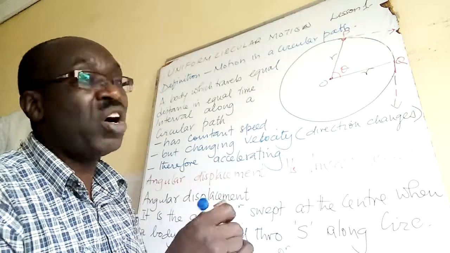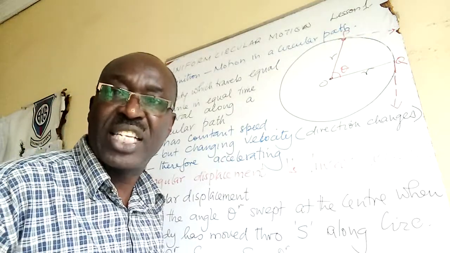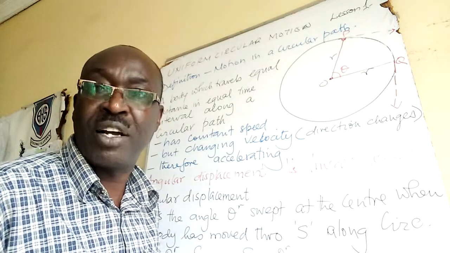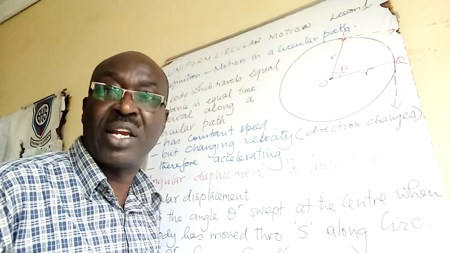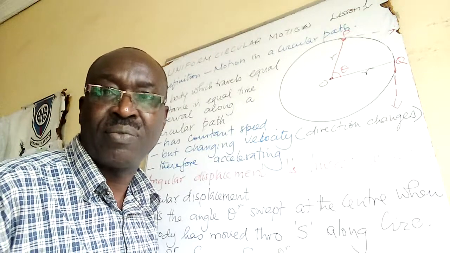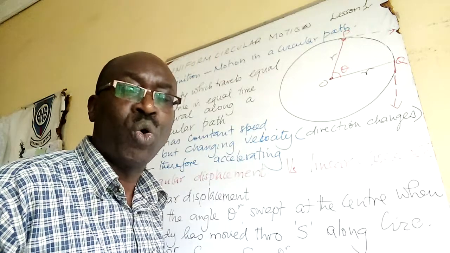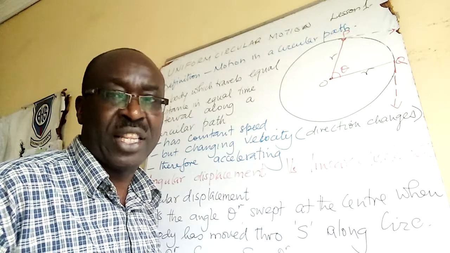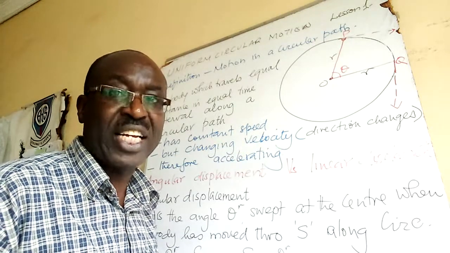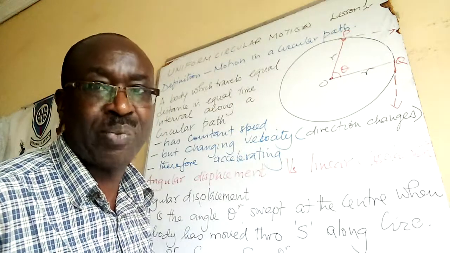So along the circumference, it will be a scalar quantity, because at the end of the day, it can be 3.5 meters or 7 meters or 15 meters. So that is size, scalar. But if I measure from P to Q on a straight line, there will be direction and there will also be distance. So in that case, we shall be talking of a vector quantity, displacement.